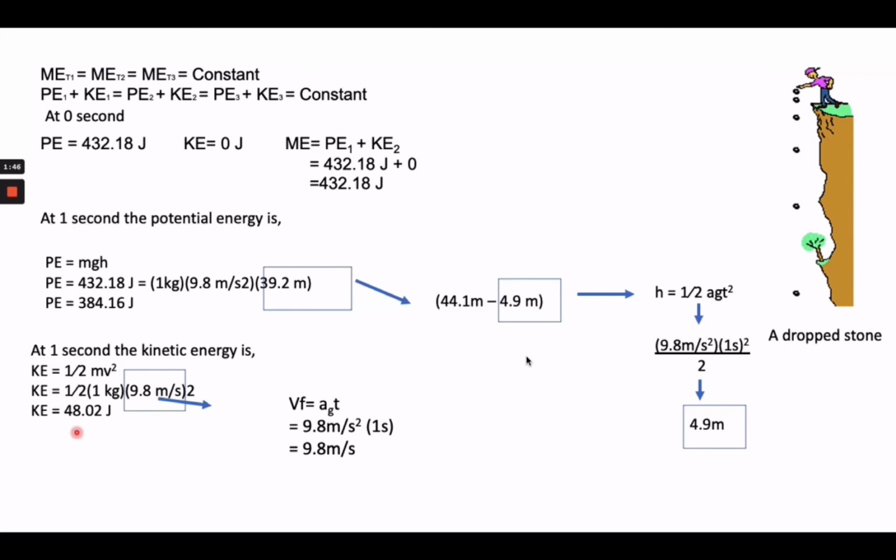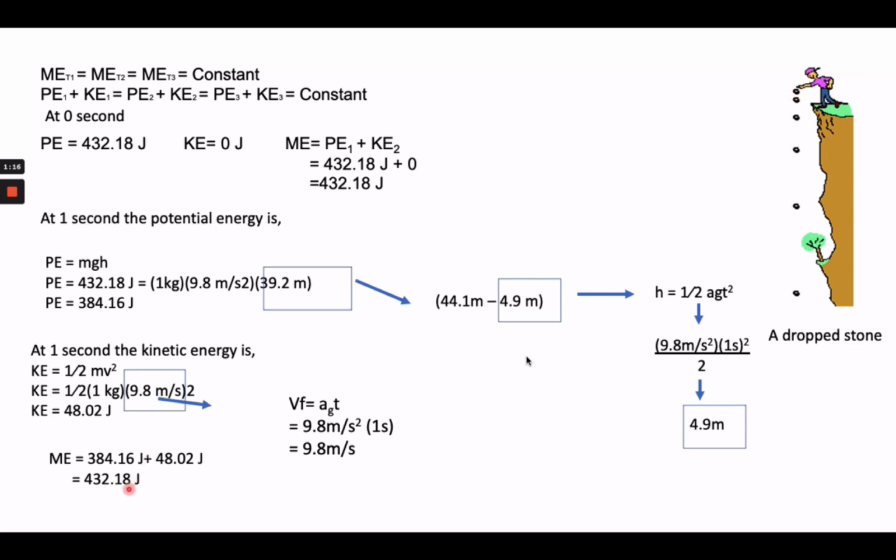So since mechanical energy is the sum of potential energy and kinetic energy, we come up with 384.16 joules plus 48.02 joules is equal to 432.18 joules. Now remember, we have kinetic energy here because the stone is actually moving after 1 second, because the boy dropped it.